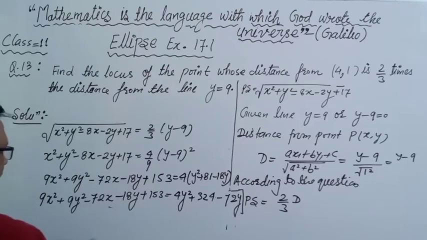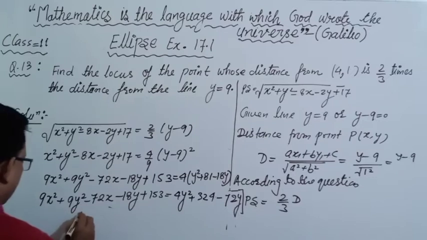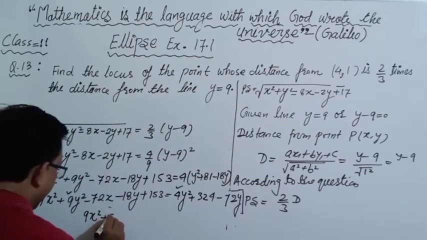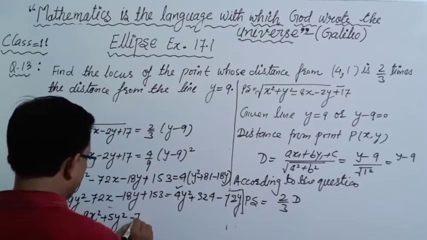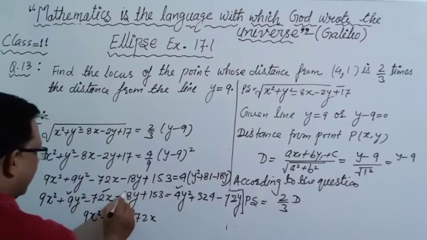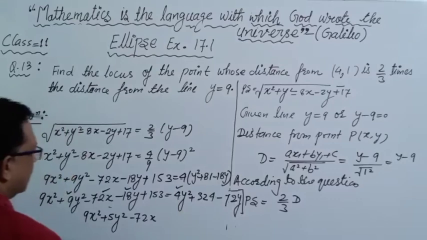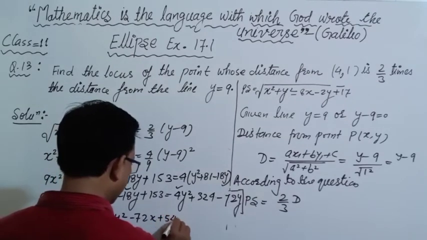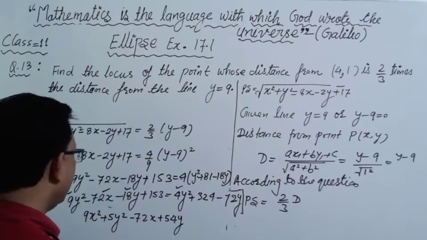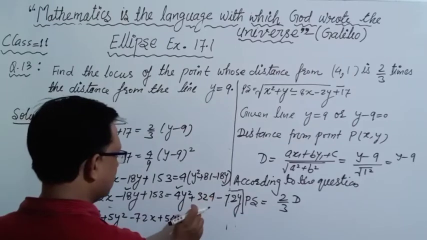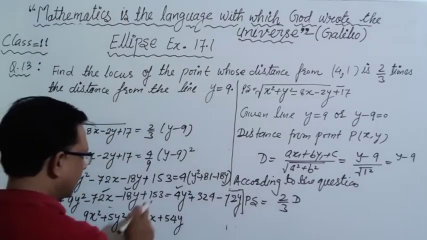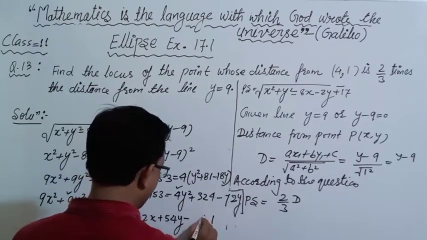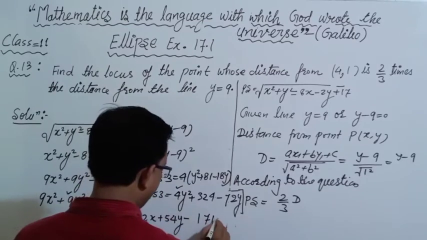Now we arrange the whole equation. So after arranging the whole equation we get 9x square plus 5y square minus 72x plus 54y plus 324 minus 153, so this is 171, equal to 0.